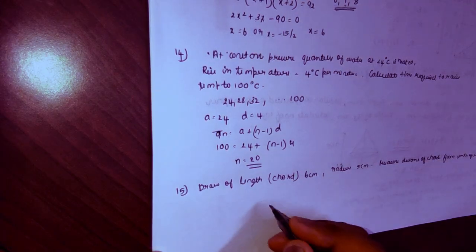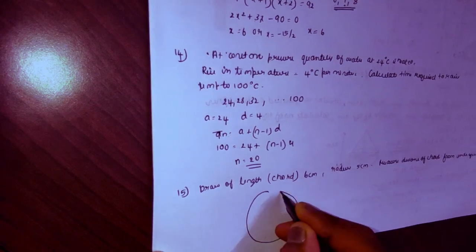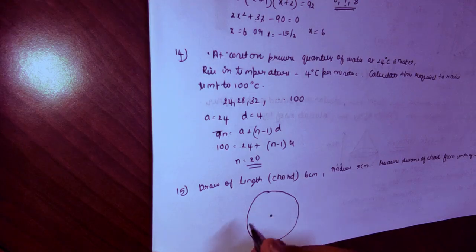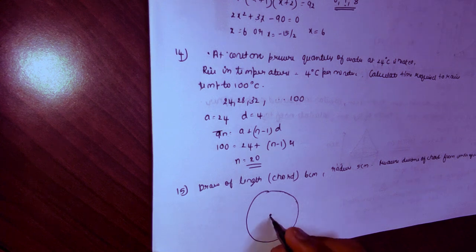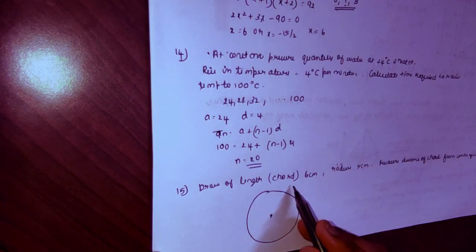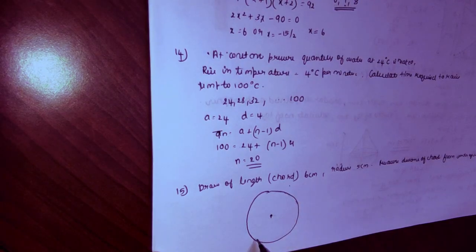First, initially what you have to do is draw a circle by considering the radius as 5 centimeter. Using a compass, you draw a circle. Then from the center you have to take 2 points in such a way that the chord length is 6 centimeter. Draw a straight line by taking 6 centimeter here and draw an arc.